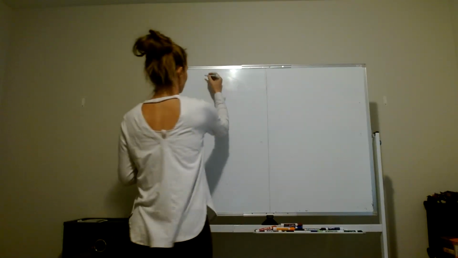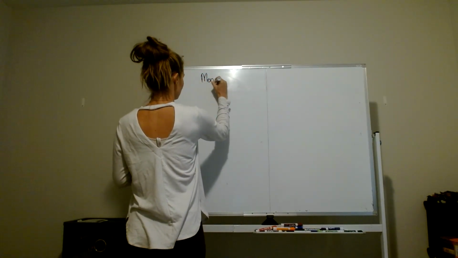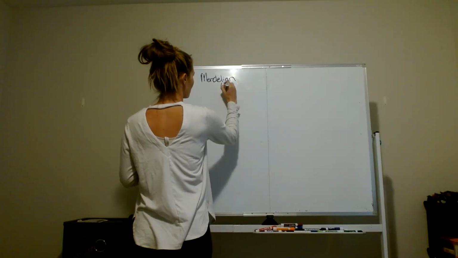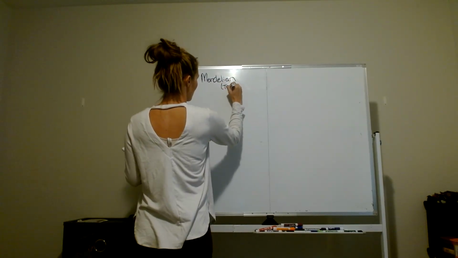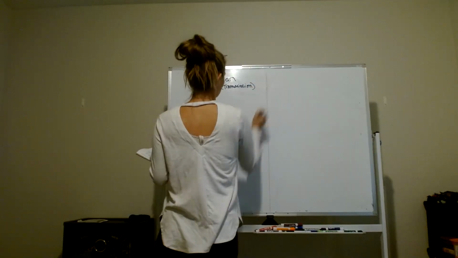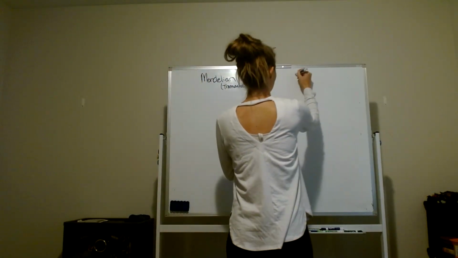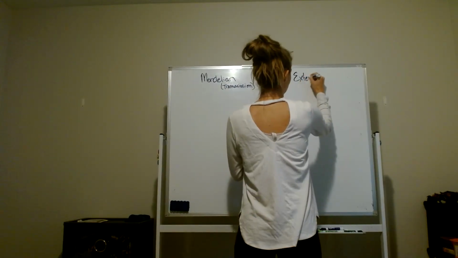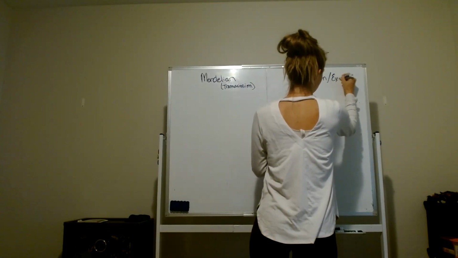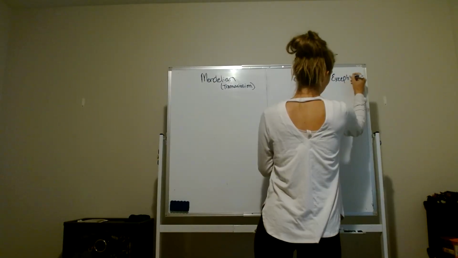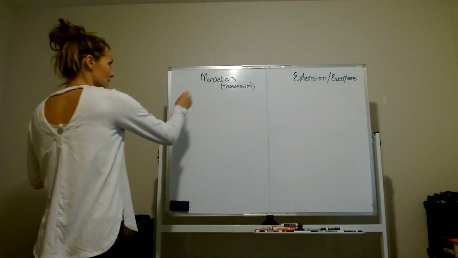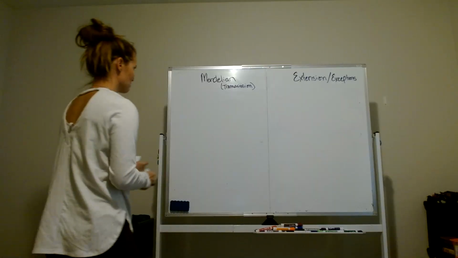So we're going to put Mendelian genetics here, or we could put in here, just for you guys to have it, transmission genetics. And then we have extension, or the exceptions. I already did the modern. So this is the comparison of Mendelian laws and the exceptions to those laws.